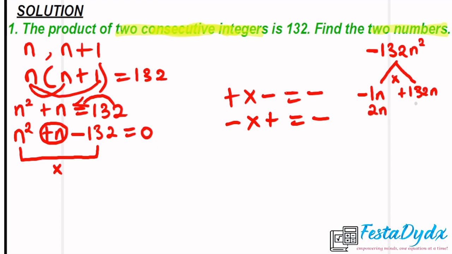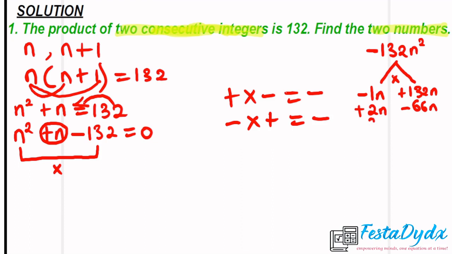2n times 66n is going to give us 132. So let's put a plus here and a minus here. Plus 2n minus 66n is going to give me minus 64n. And if I put minus for 2n and plus for 66n, it's going to give me 64n. So this is also not going to give us plus n. Now let's move to another one.